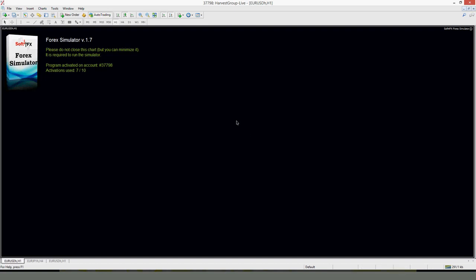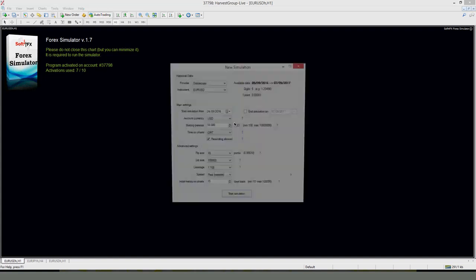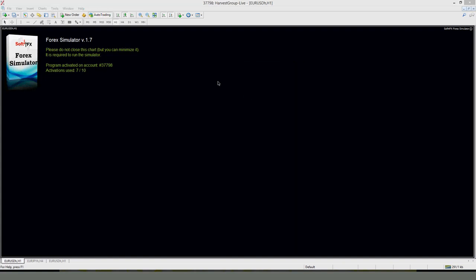Let's say you want to do a backtest on multi-time frame analysis. You use the MetaTrader and pick whatever pair you want, for example USDCAD. This is your starting balance, for example $100, because the minimum is $100.